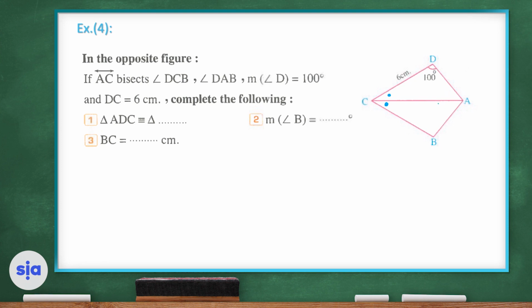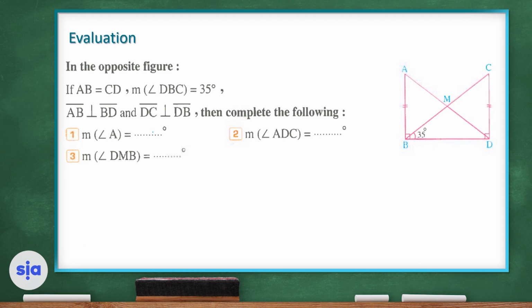Here, these two triangles are congruent to each other. Triangle ADC is congruent to triangle, excellent, ABC, where the measure of angle B is equal to the measure of angle D, which was 100 degrees, and BC is equal to DC, and DC is 6 centimeters, so BC is 6 centimeters long.